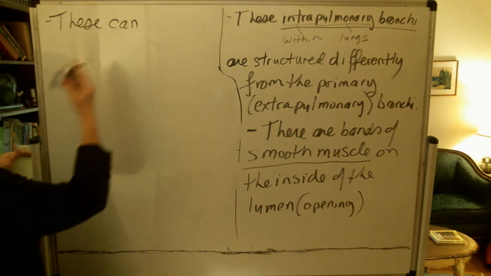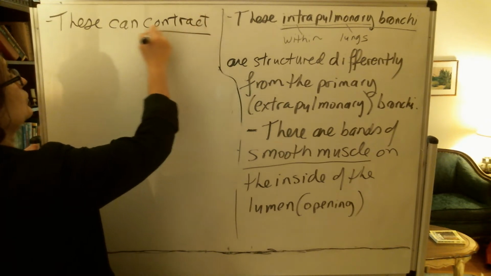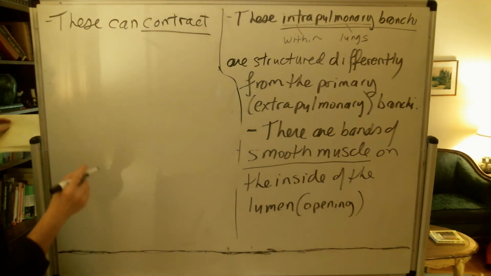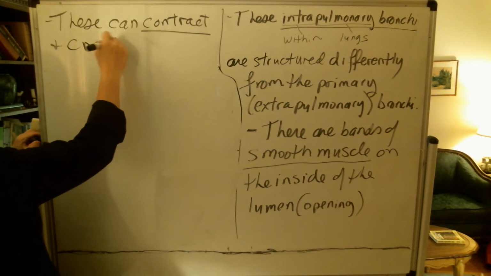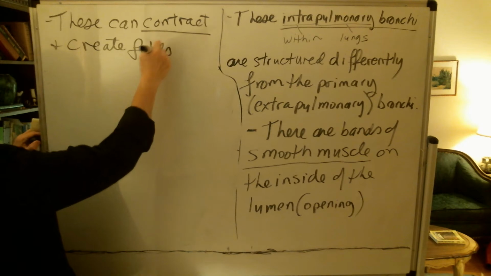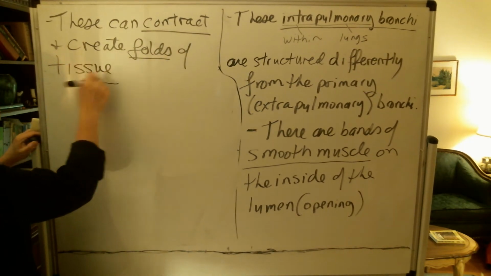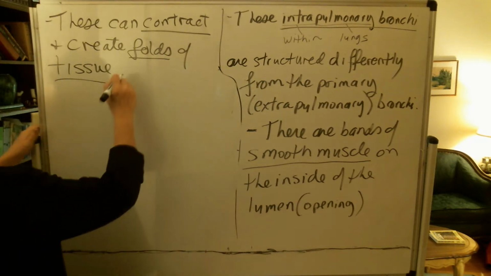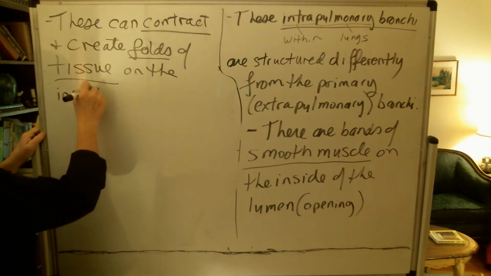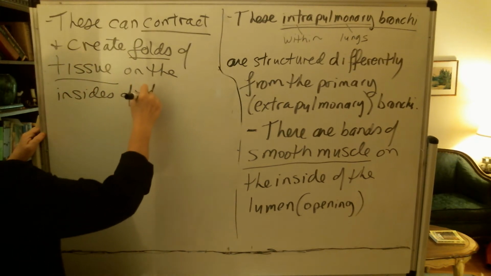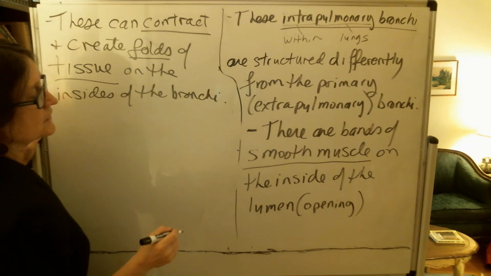So these can contract, as muscle does, and create folds of tissue on the insides of the bronchi. Okay, what did I just say?